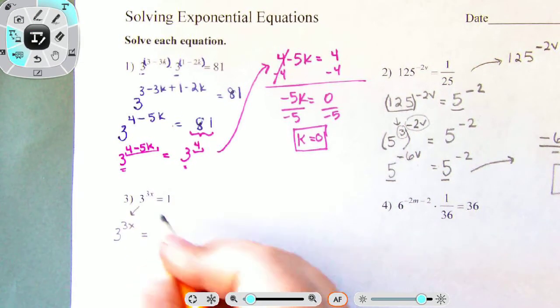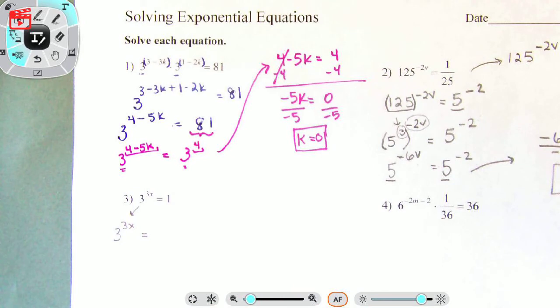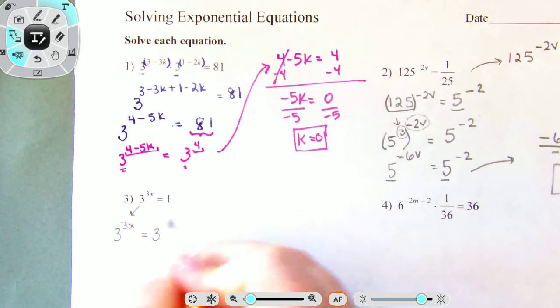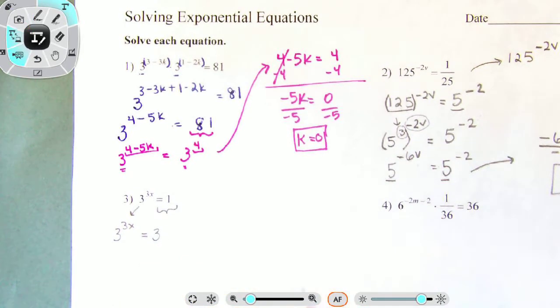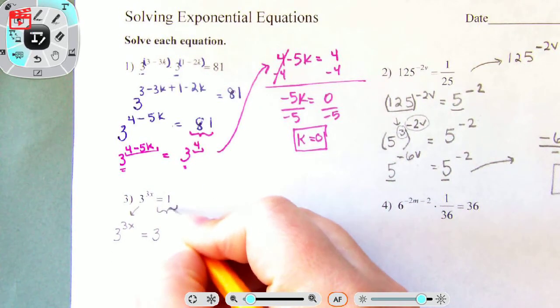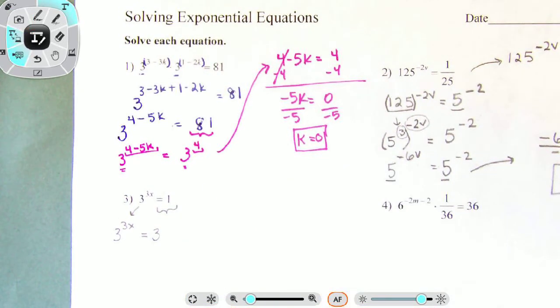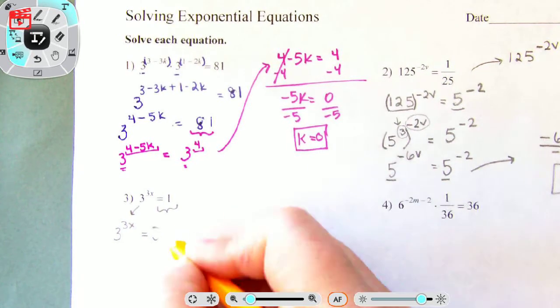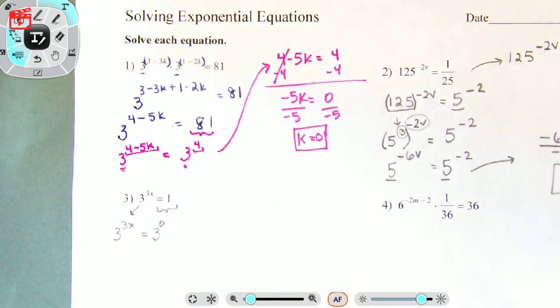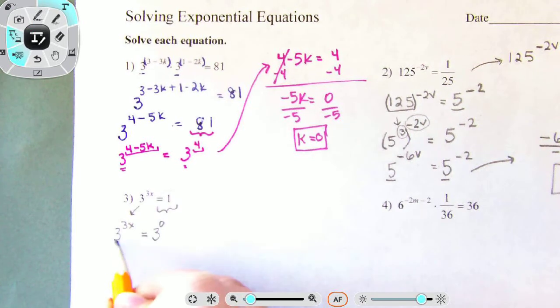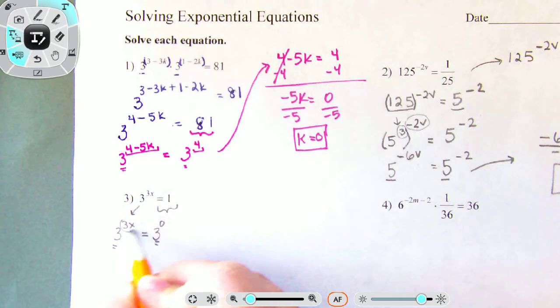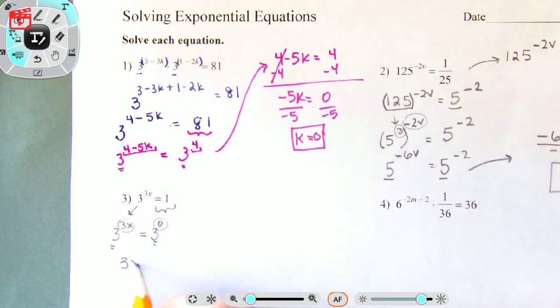To rewrite 1 in terms of a base of 3, we're saying 3 to what power is 1? The only power of 3 that is 1 is 0. So 3 to the 0 power. So again, bases are the same. Exponents are equal. So 3x is equal to 0. Therefore, x is equal to 0.